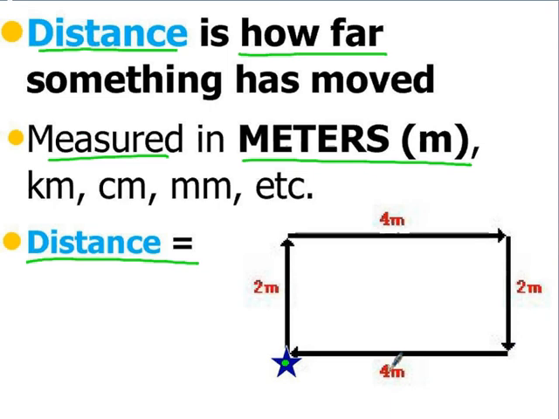Well, 4 and 4 is 8, 9, 10, 11, 12. So your distance is your 2 plus 4 plus 2 plus 4, because you went 2, 4, 2, and 4. You traveled a total of 12 meters. Okay, not hard. If you're trying to figure out distance, you just add them all up.